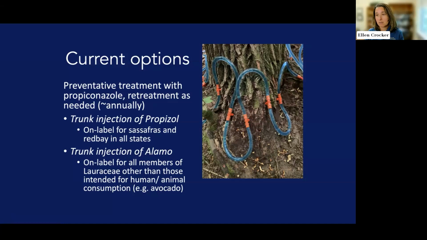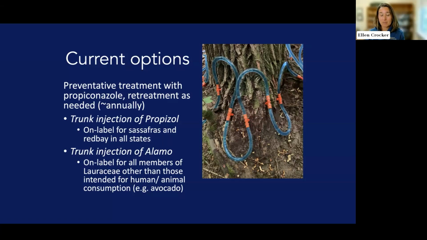In other systems, such as avocado, they are looking at some new options with the fungicides, and maybe there will be more research there in the future. But based on our preliminary work with sassafras, this seems to be best applied as a preventative, before the trees start to decline, and then retreatment is going to be needed about every year.